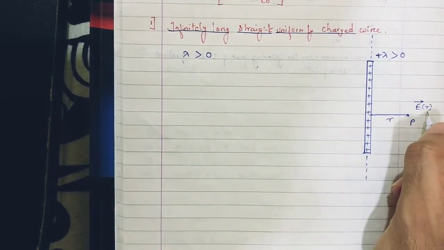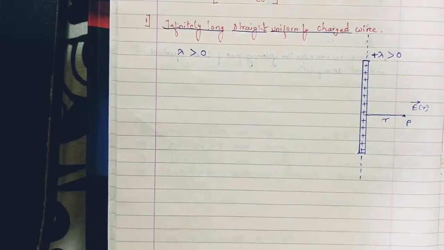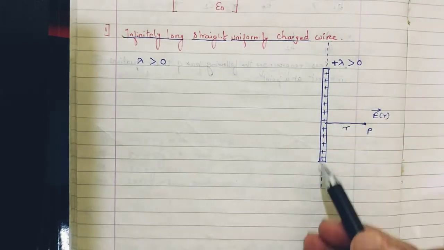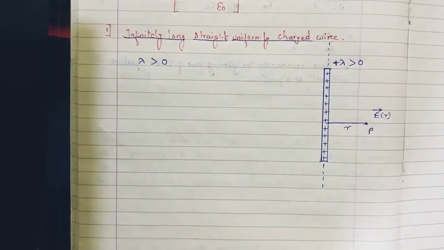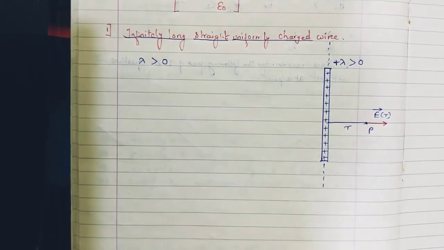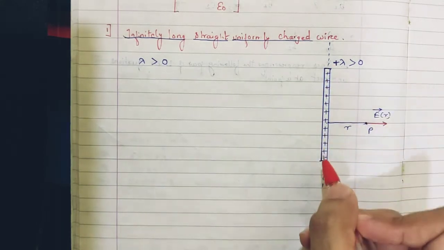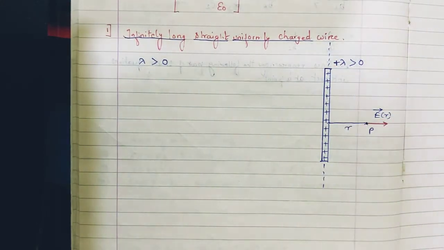Can you think of the direction of this electric field? Since it is a positive charge here, the electric field is going to be radially pointing outwards. So your electric field direction is going to be something like this at point P. If it was a negative charge, it would point inside. That is the difference. This is your electric field vector.